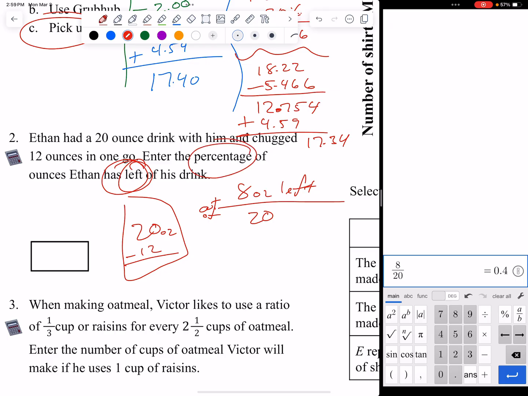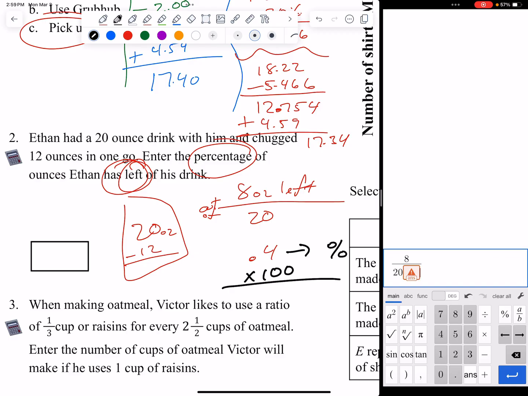So enter the percentage though, because if that's 0.4 as a decimal, to get it to a percent, you have to multiply times 100. So if I take 0.4 and multiply times 100, I get 40%.